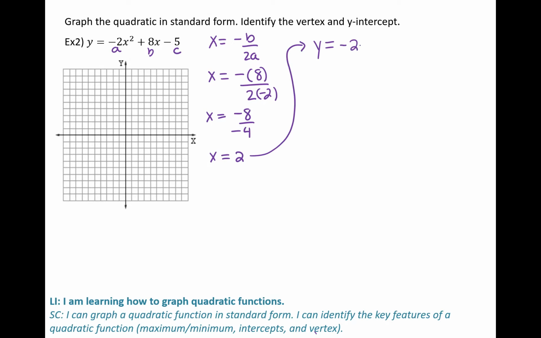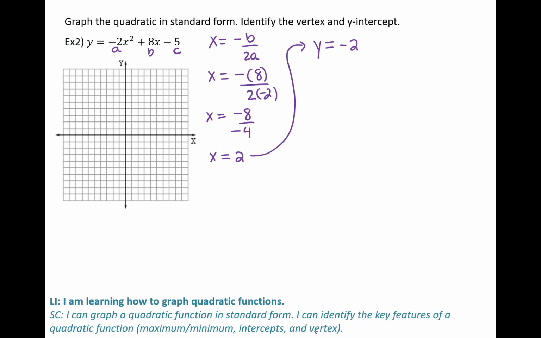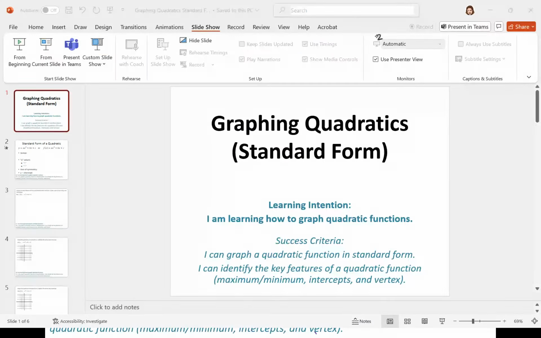I have negative 2, and then I'm going to replace the x with 2, which we just found, then squared.